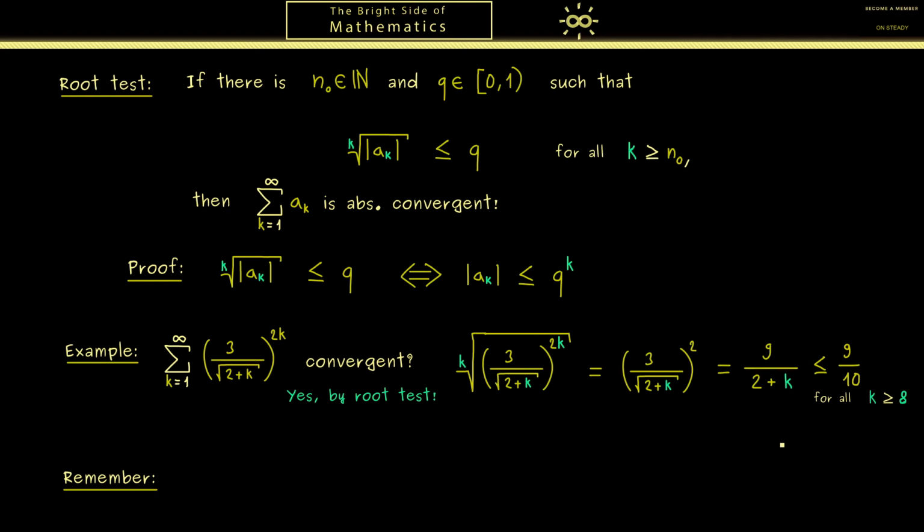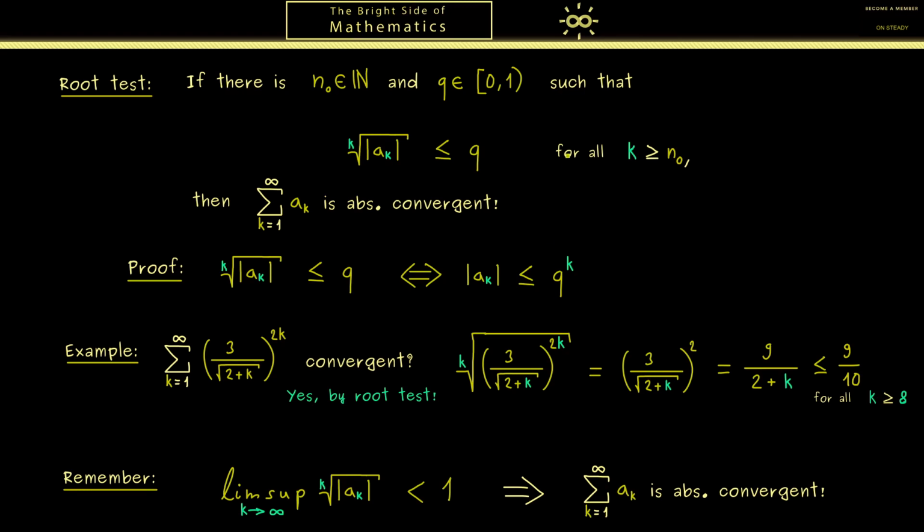Okay, so this was an example how you can apply this nice criterion. However, we can make it even better by avoiding that we have to choose q and n0 in the end. Indeed, this works because we can reformulate the whole statement with the limit superior. In fact, this is what you should remember. You can calculate the limit superior of the kth root of a_k. And if the result is strictly less than 1, our root test is fulfilled.